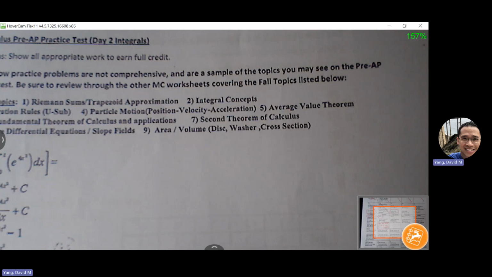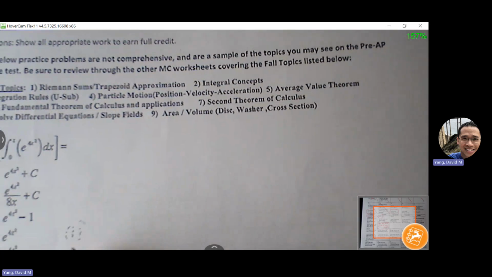Okay, page 19. All right, here's page 19.